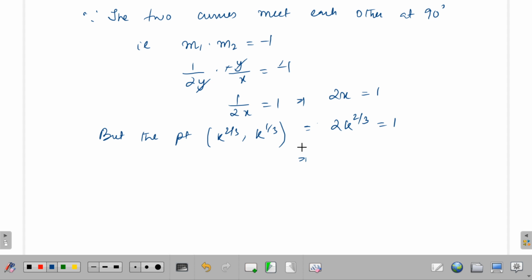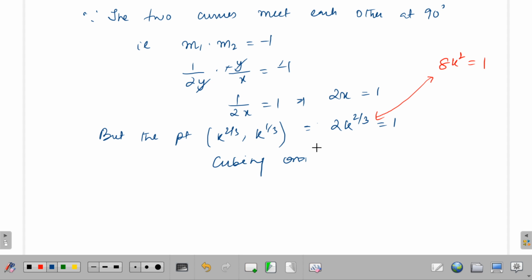If you look at the answer, let me just highlight it. The answer I have to get is 8k² = 1. If you compare this with that, instead of 2 I need 8, and instead of k^(2/3), I need only k². So I have to remove that 3. In order to remove that 3, I have to cube both sides.